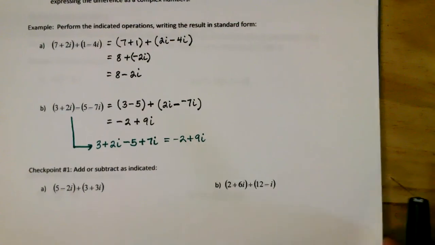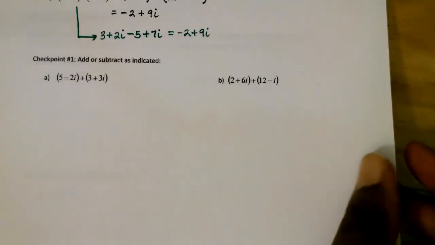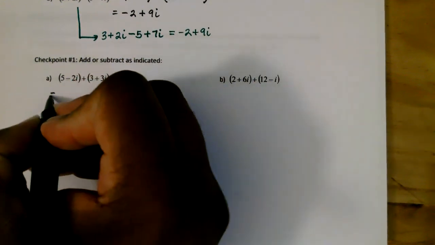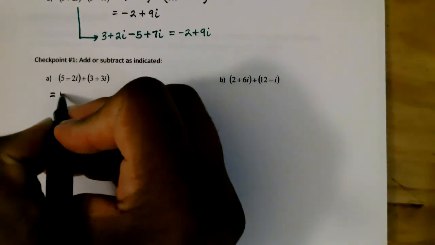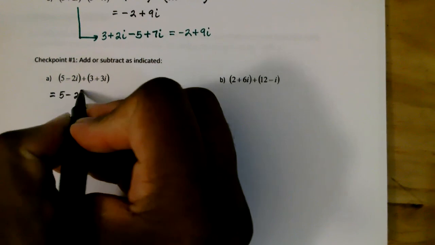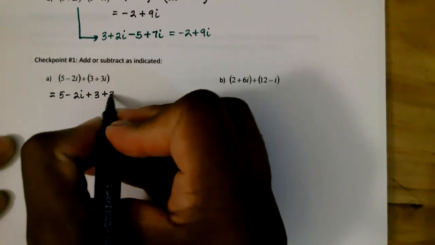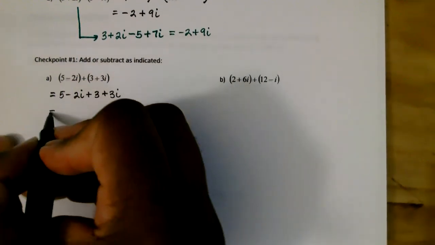There's a couple more of these. 5 minus 2i plus 3 plus 3i. Here we're going to add or subtract as needed. You could have done it the way that I did in that first example, or just write this out without the parentheses. The plus sign is going to keep the 3 plus 3i the same way.